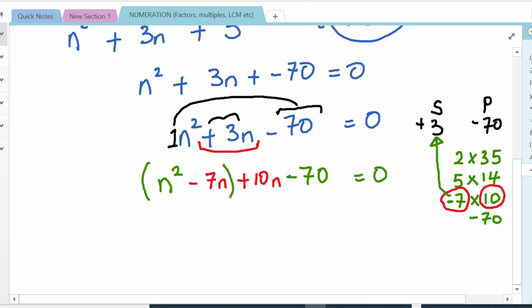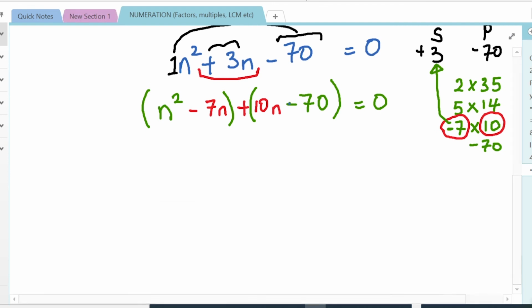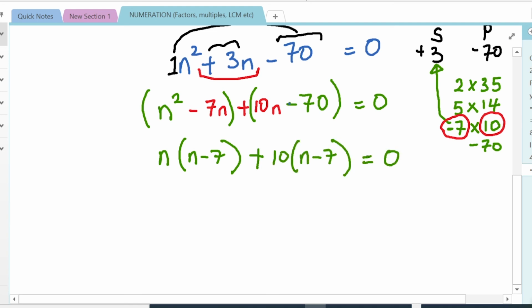So we put that in brackets, we put this in brackets. So this becomes, put n outside the brackets into n minus 7, then that is going to become plus, the common factor there is 10 into n minus 7 is equal to 0.